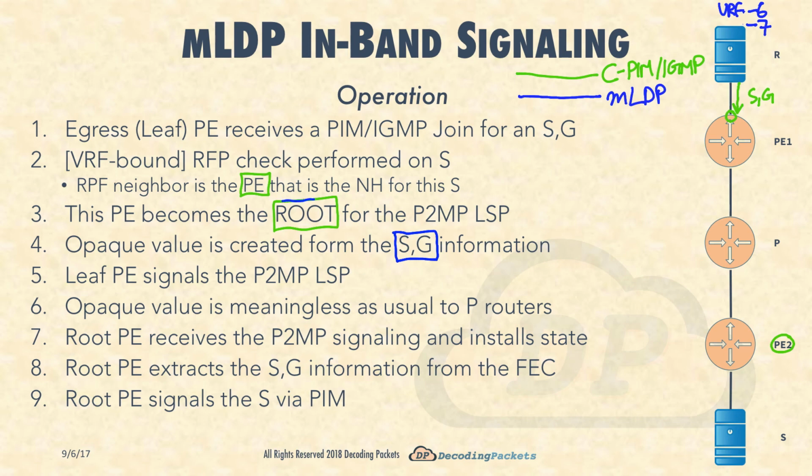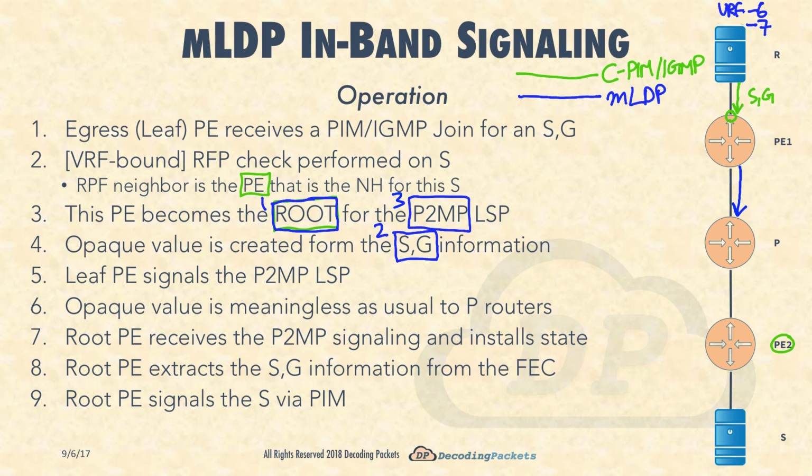So you have the root, you have the type, so this is 1, this is information number 2, this is information number 3. You have all 3 pieces of information that you need to start signaling a P2MP FEC, and basically signaling an LSP. So this leaf then starts that process of signaling that LSP with those 3 pieces of information.